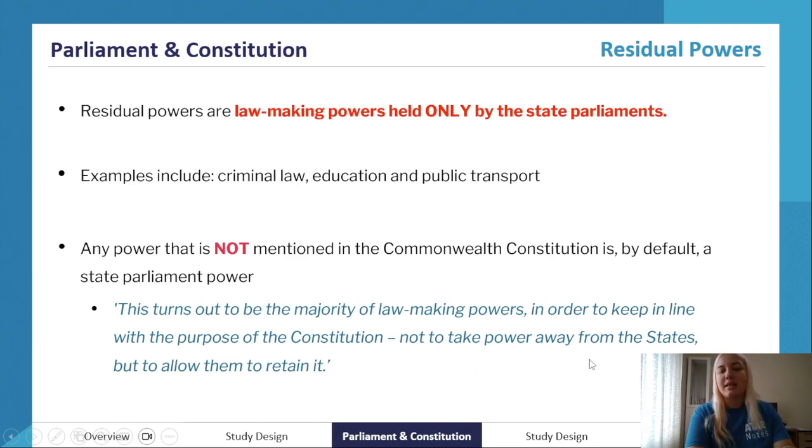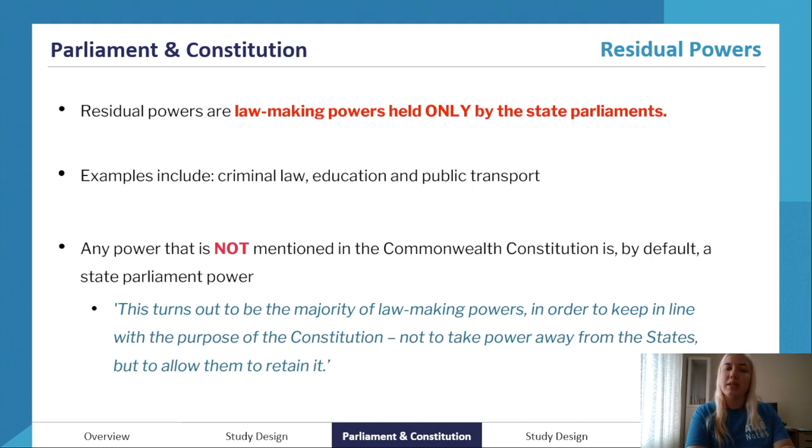And why that is the case is because when the Constitution was initially established and written, the purpose was not to take away power from the states, but to allow them to retain it. So obviously, with Australia coming under one country, all of the states had concerns that they would lose all of their freedom and there would be a single parliament and everything would change.